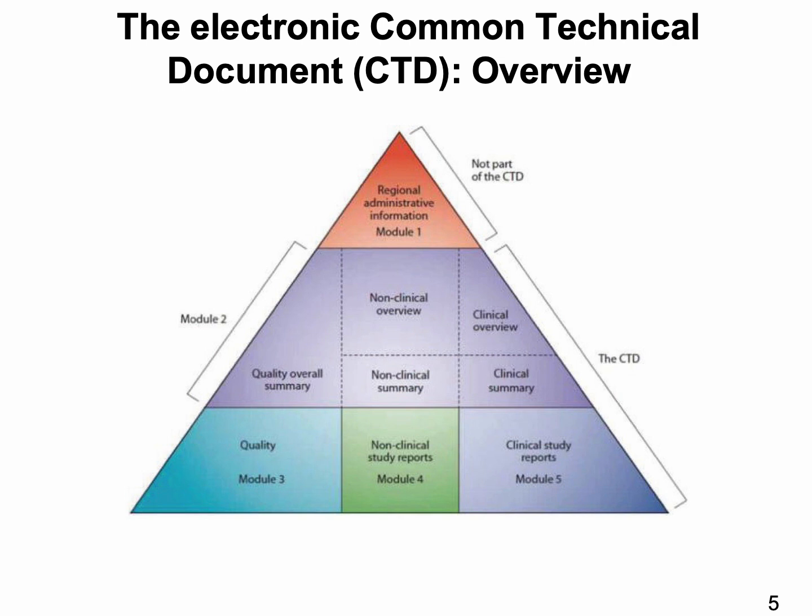Now here, this is just to review, mainly for talking about the non-part of the CTD, which is the Module 1. Please make sure that you always remember that Module 2 through Module 5 can be used in any country, while Module 1 is regional.